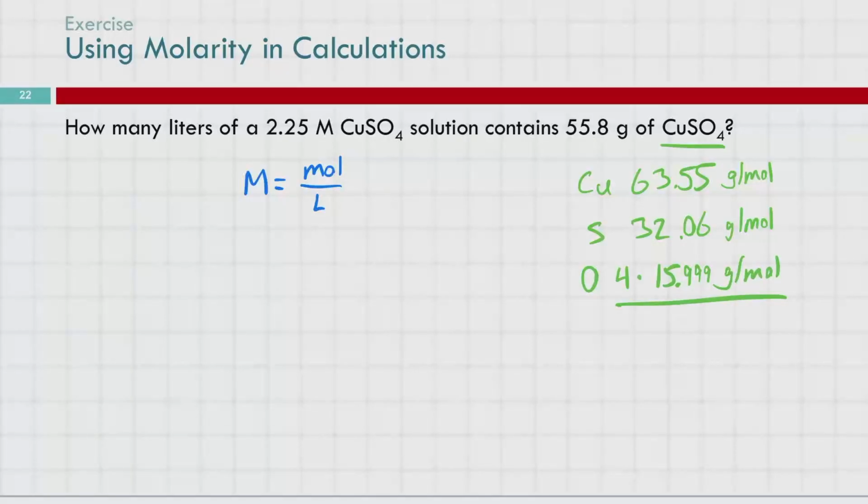I had my calculator in my hand, that's why I couldn't find it. Molar mass is 159.606 grams per mole.